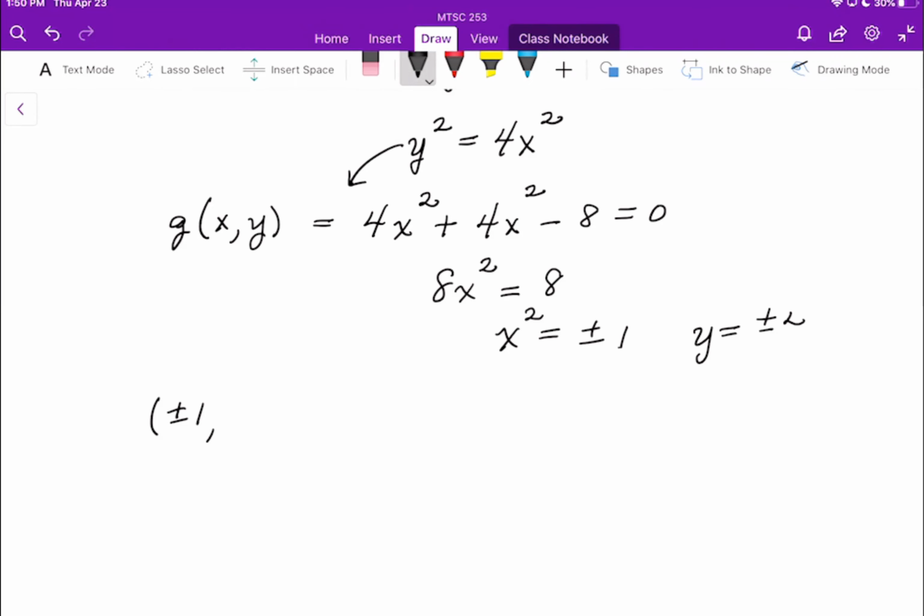So now I get y squared is 4, so y is equal to plus or minus 2.